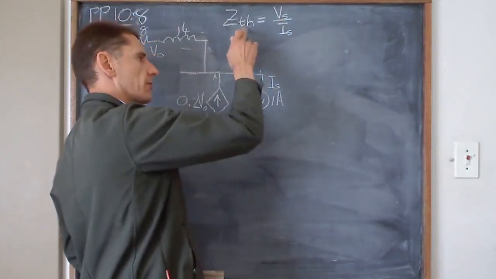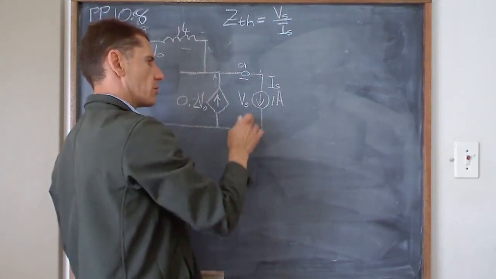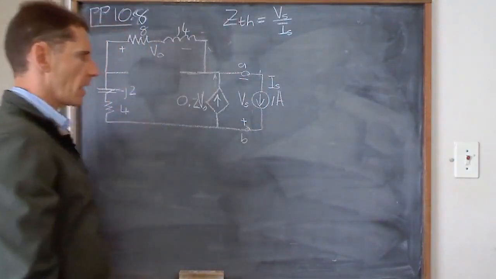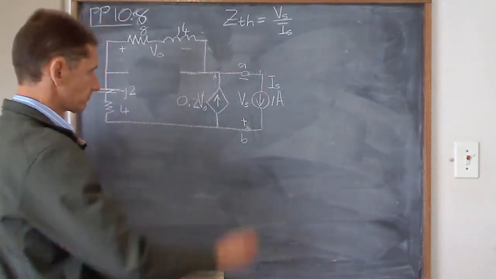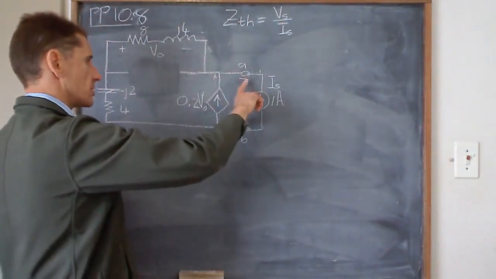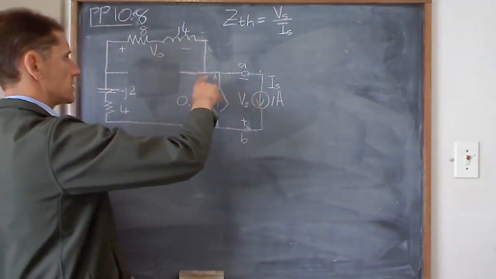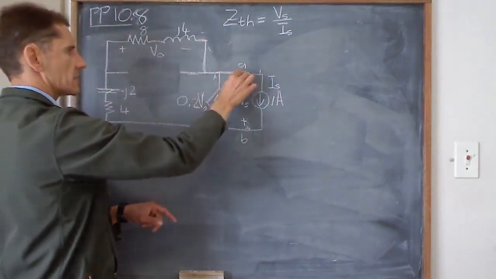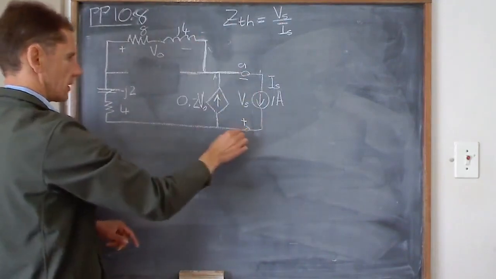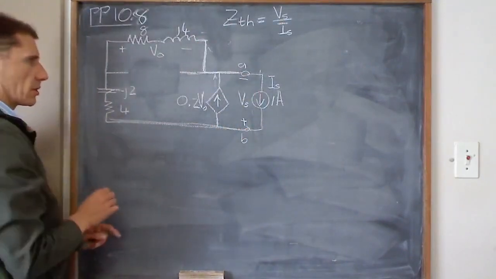So in order to solve for Z Thevenin, I now need to determine what the voltage across those two terminals is. So what is that voltage? Well, if you look at these terminals, everything there is the same terminal. All of this, same terminal.